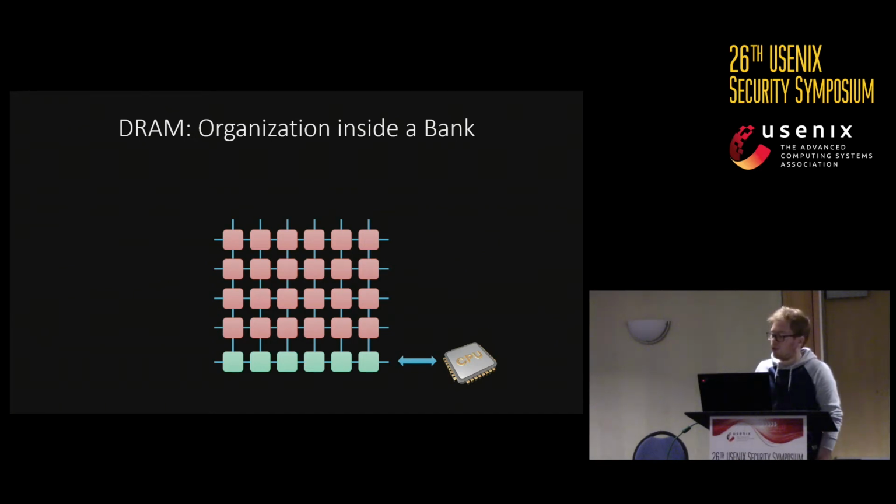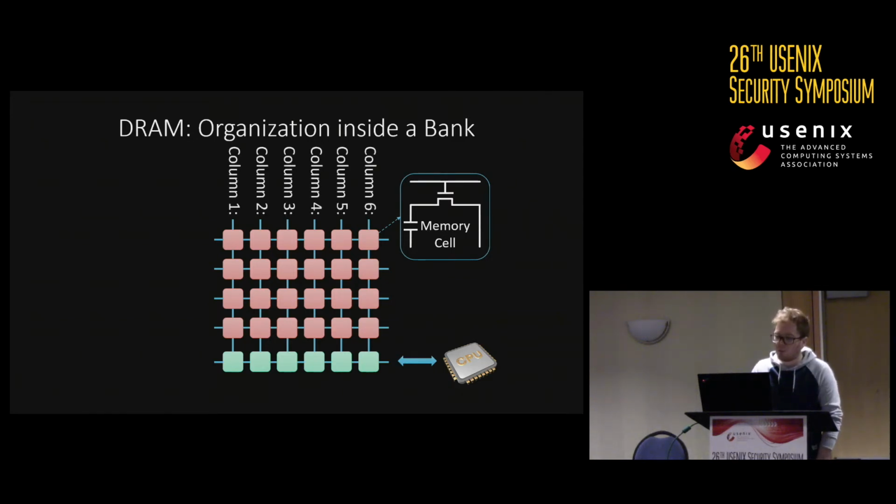Now, storing an individual bit is not itself very useful. Hence, we can arrange these individual memory cells in a matrix, like here. And this structure that you see now is exactly a bank. Before, you saw the black chips on the DRAM module, and each of these chips contains a number of these banks.